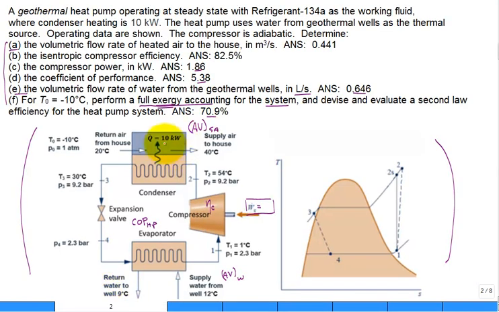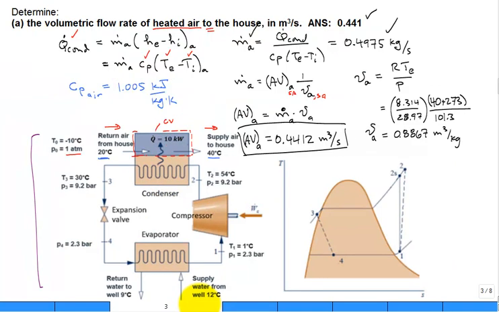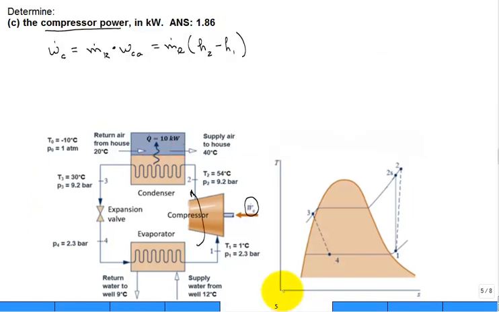Well, you're given that it's 10 kilowatts of heat transfer from the refrigerant, and we did not actually, we solved for the mass flow rate of the air, but not the mass flow rate of the refrigerant using this information of 10 kilowatts. So let's do that. To get the mass flow rate of the refrigerant, we focus on the condenser, little control volume right here.